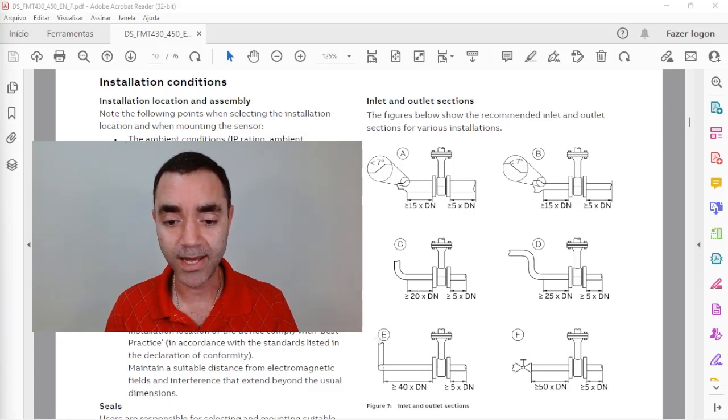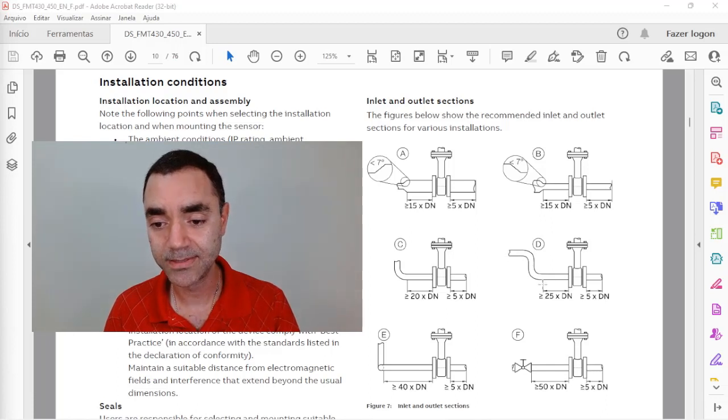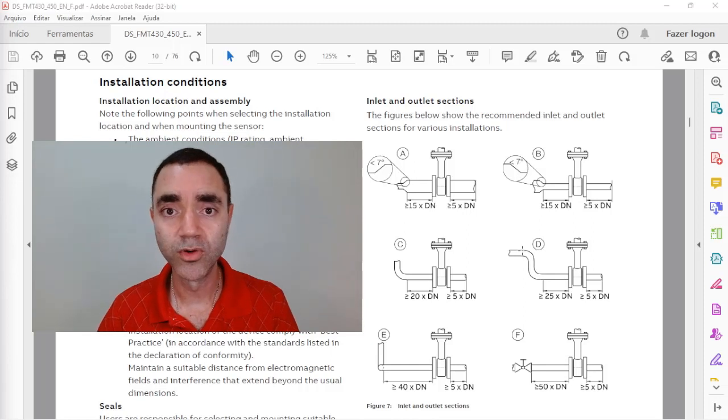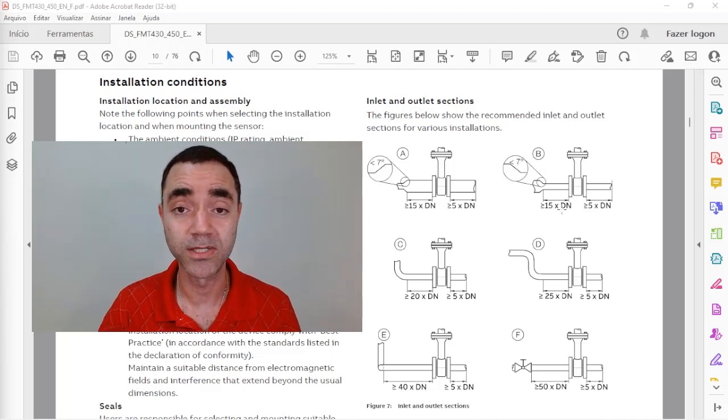So for a straight pipe with a double curve, you can see that I need 40 nominal diameters, and for an S curve I need 25 nominal diameters. So you will need to work closely with the pipe engineer to verify what best fits the process.